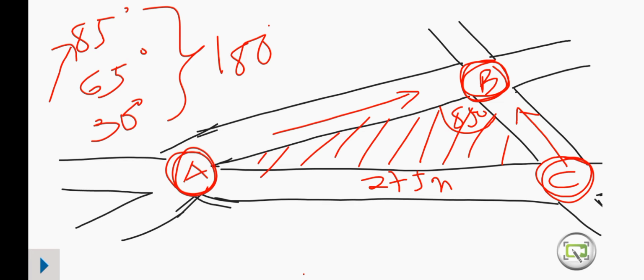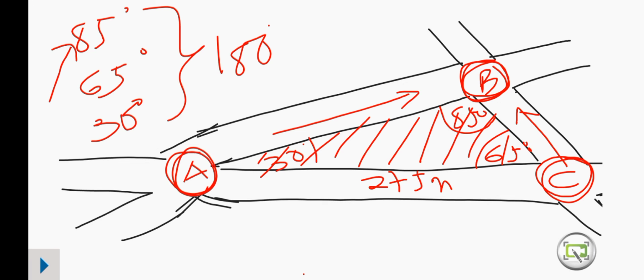Now the next length which is longer is AB, based on my drawing here. So that means that point C will have the 65, the next larger angle, and the other angle will be 30 degrees.